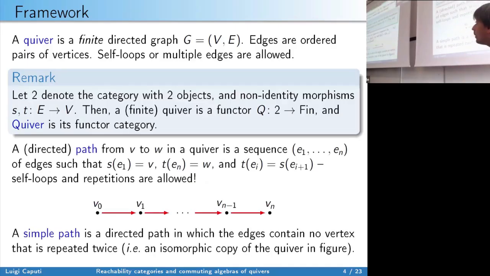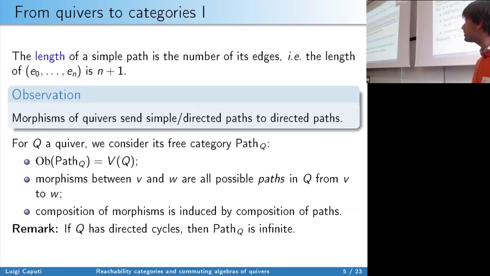What we're going to need also is the notion of paths or directed paths, which before were called edge paths. But we're also going to use simple paths, which are directed paths where the vertices are not repeated. The first observation is that morphisms of quivers send simple paths to directed paths.